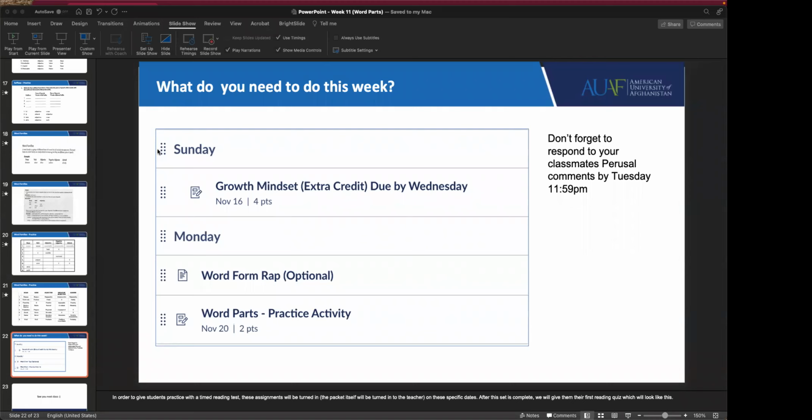It's optional, but this is extra points, the growth mindset, because I really want you to read it. And don't forget, you still have to do your comments on perusal. And I want to say, I've been looking at your perusals. I think your discussion, your comments are getting so much better. I don't know if you feel like you're better at it, but when I was looking at your comments this week, I feel like you guys have learned a lot.